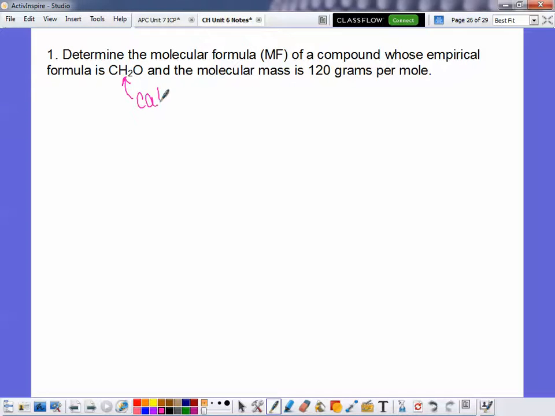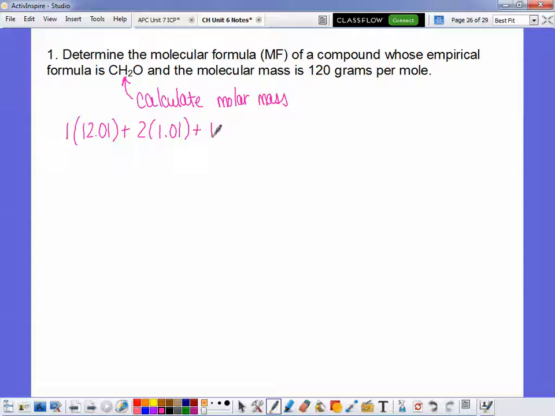So first step is calculate the molar mass of CH2O. So go ahead and do that. There's 1 carbon, 2 hydrogens, and 1 oxygen. Round your molar mass to 2 decimal places.